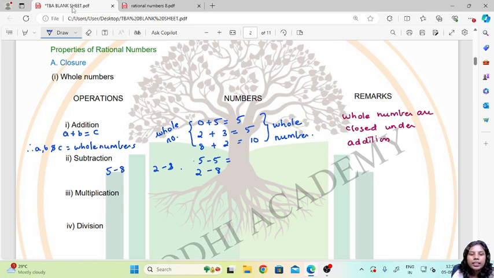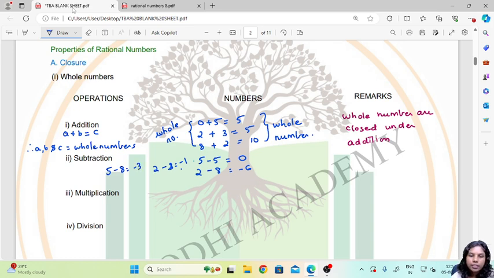Now in this case, 5 minus 5 is 0, 2 minus 8 will be minus 6, 2 minus 3 will be minus 1, and 5 minus 8 will be minus 3.